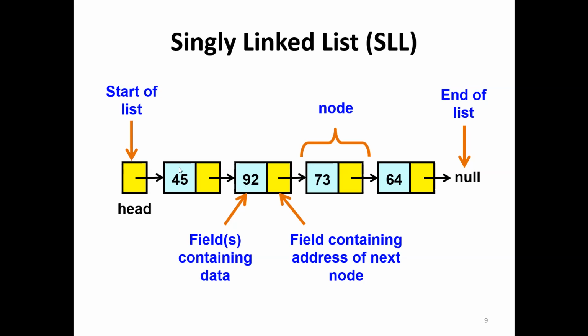This portion is the data that this node contains, and this particular component is the field that refers to the address of this next node. Now, this last one, which is the end of the list, has the link to be null. So any element at the end has the link part equal to null.